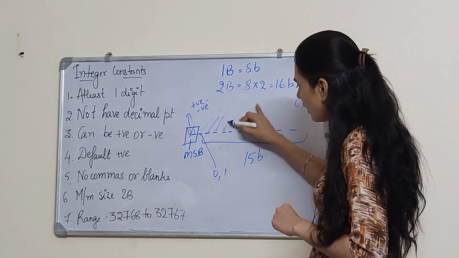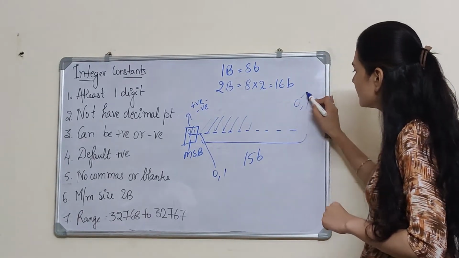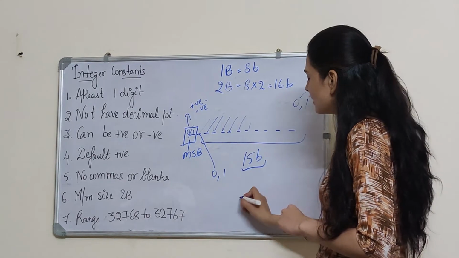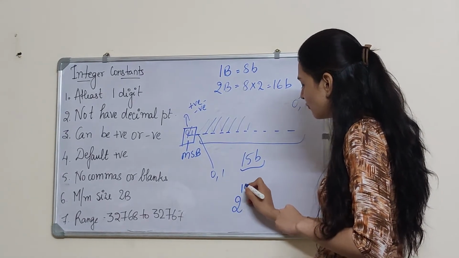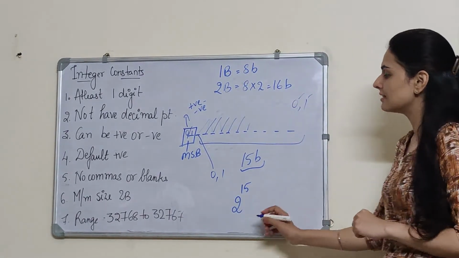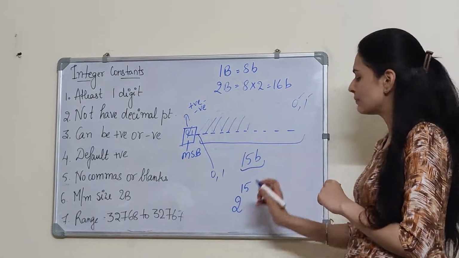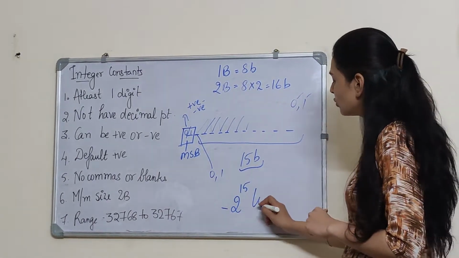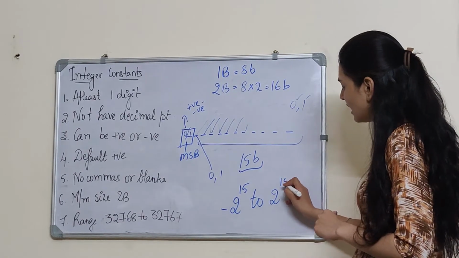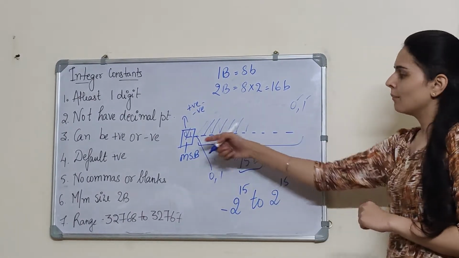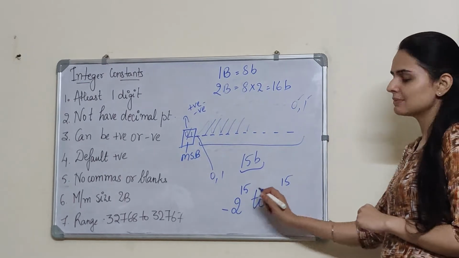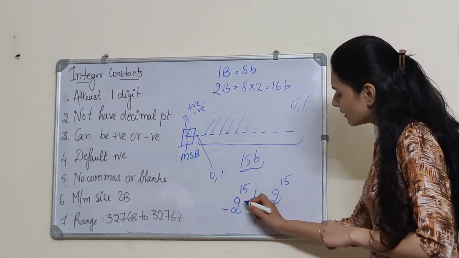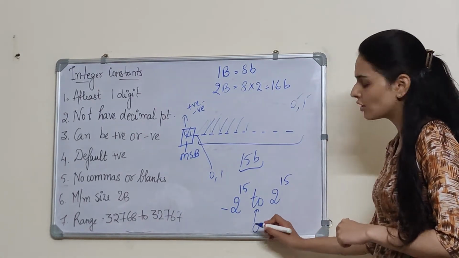Likewise, at all other locations as well, either 0 will go or 1 will go. So in total for 15 bits, we have 2 to the power 15 combinations. Since it can be negative as well as positive, we can say from minus 2 to the power 15 to plus 2 to the power 15, we can have these many combinations. However, we need to understand that within this range, we have 0 as well.